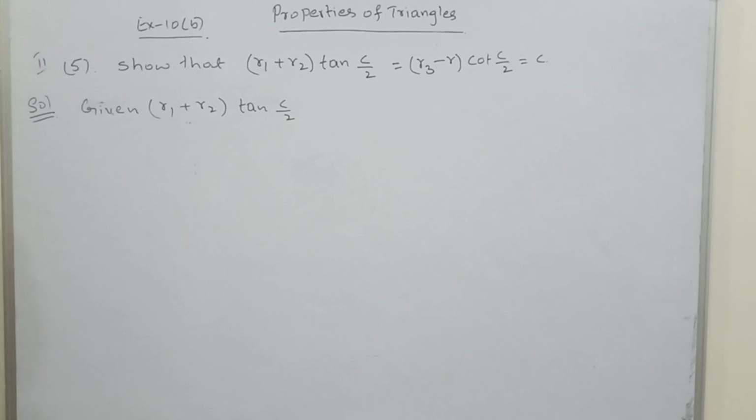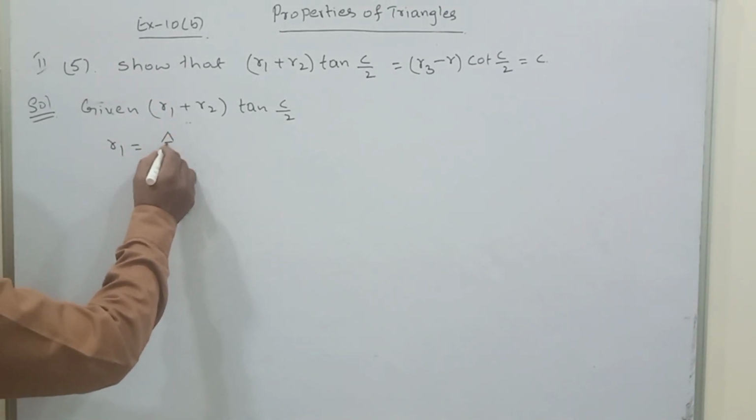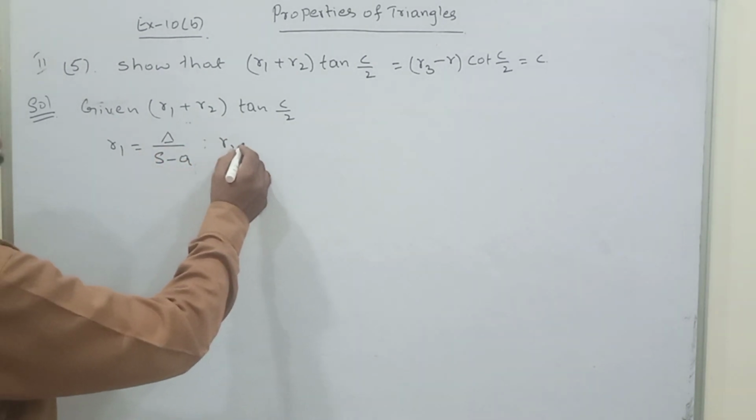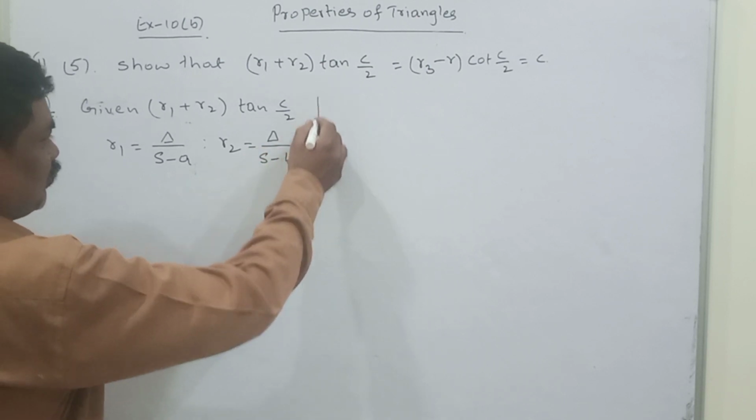So what is R1? R1 is equal to delta by S minus A. What is R2? Delta by S minus B.